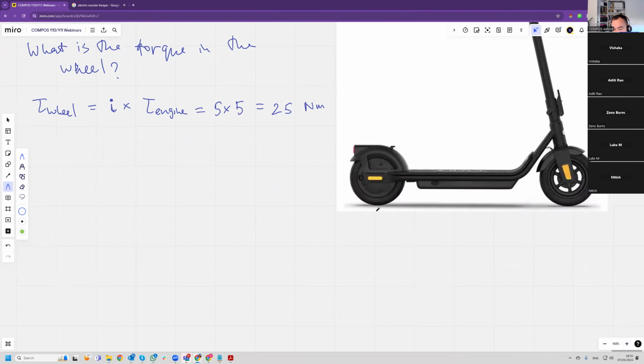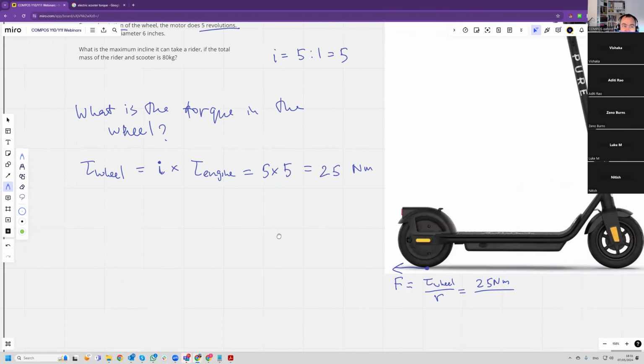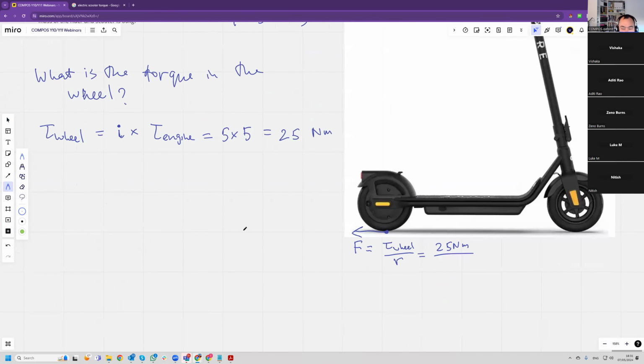So the maximum force that it can produce against the road is going to be the torque in the wheel divided by the radius of the wheel, which is 25 Newton meters divided by the radius. The diameter is 6 inches, so the radius is 3 inches, which is 0.075 meters.